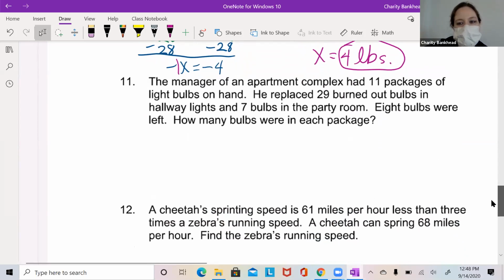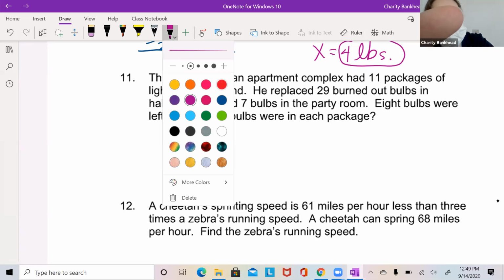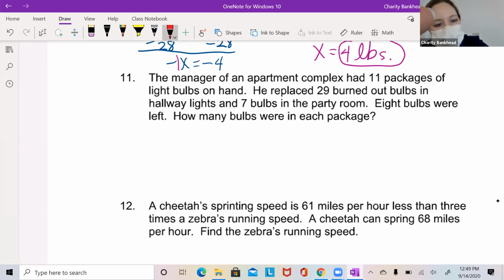All right, so he had 11 packages, and the thing that we want to know is how many were in each package. So the amount of bulbs that he started out with was 11 times X, where X would be the number in each package. So that's the number of light bulbs. So if there were 2 in each package, that means he had 22 light bulbs, or if there were 3 in each package, he would have 33 light bulbs, right?